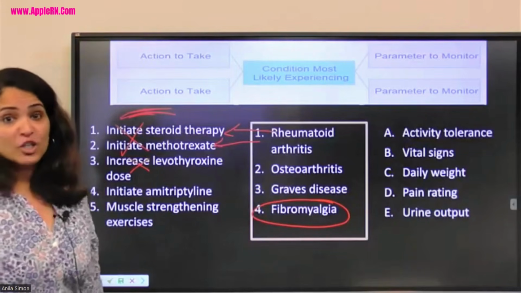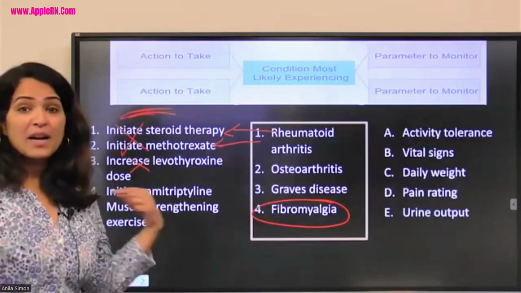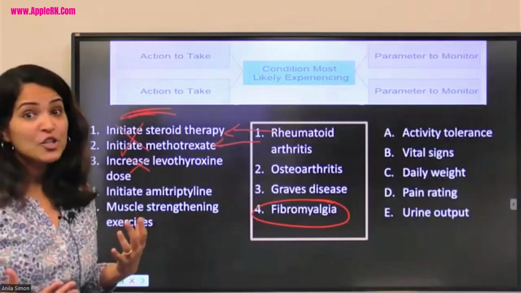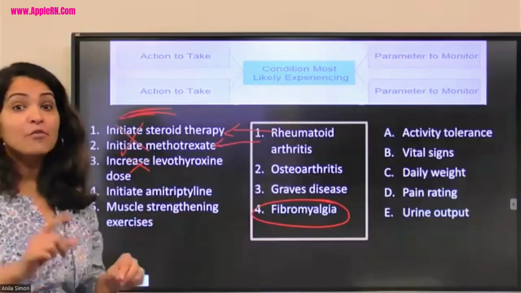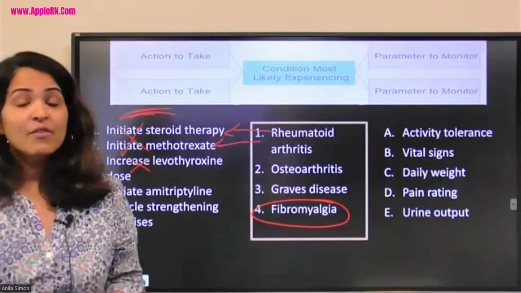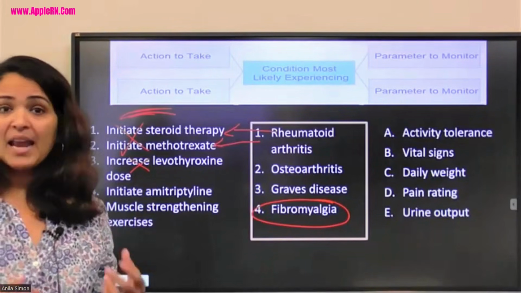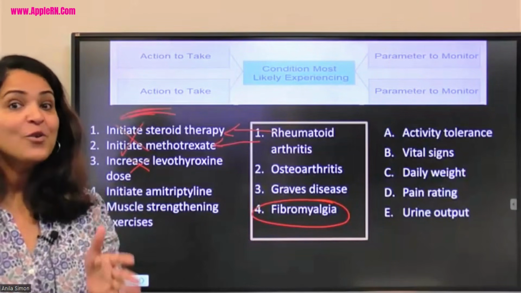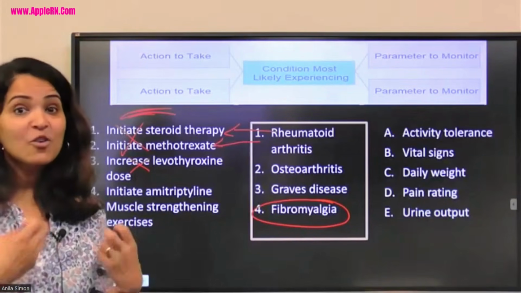And of course, muscle strengthening exercise, because when someone is having fatigue and widespread pain in all these joint areas, they may tend to sit down or lie down. And we know what happens then, right? When you are not using the muscle because of pain or fatigue or whatever reason, if you are not moving, if you're not doing at least some exercise, the muscles are going to wither away.